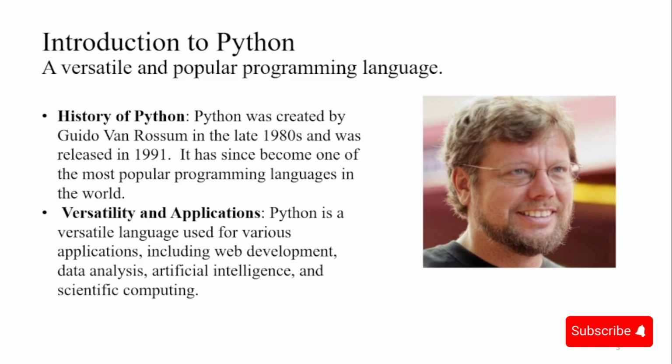You can use Python to develop a website, and machine learning, which we are going to discuss in detail in later classes. This language is versatile: Python is used for various applications like web development, data analysis, artificial intelligence, and scientific computing. That is what I've already said.